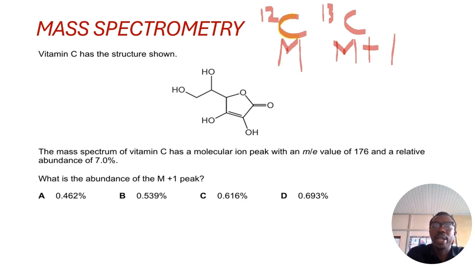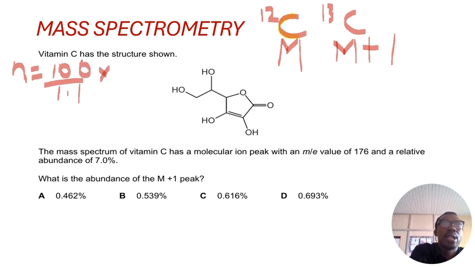So we need to calculate the number of carbon atoms. We use this formula: N is equal to 100 divided by 1.1 times the abundance of the molecular ion plus 1, divided by the abundance of the molecular ion peak.